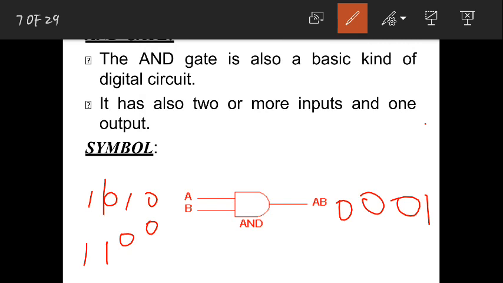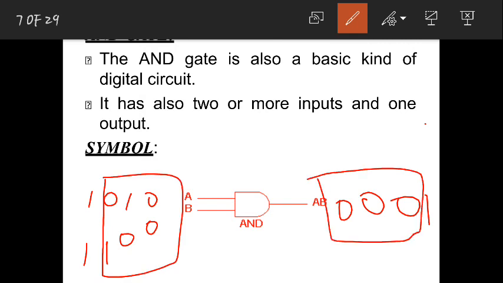In this case, if at least one input is equal to 0, then output is always 0. If both the inputs are 1, only then output is 1. If you consider your basic multiplication operation, 0 into something is always 0, so you can remember it in that way.